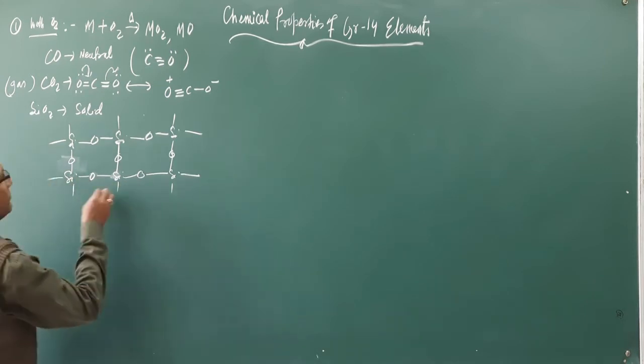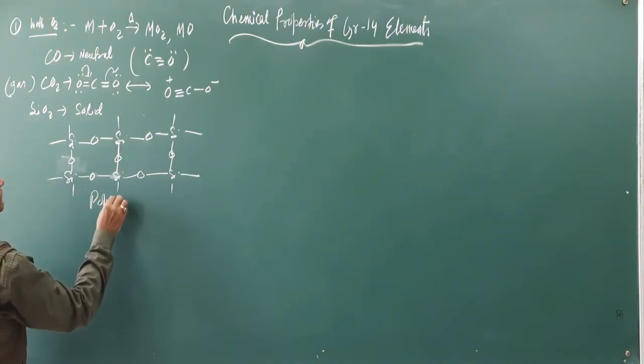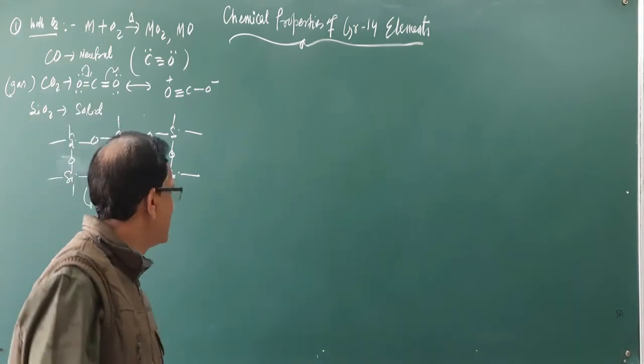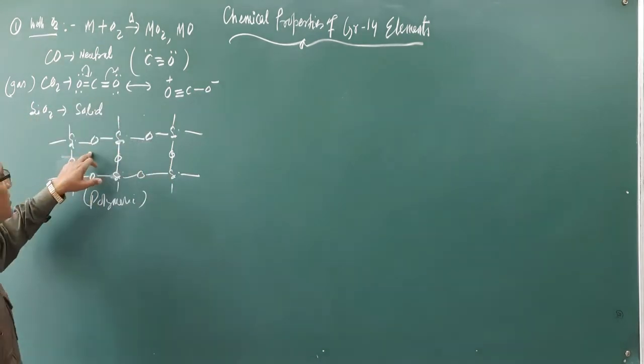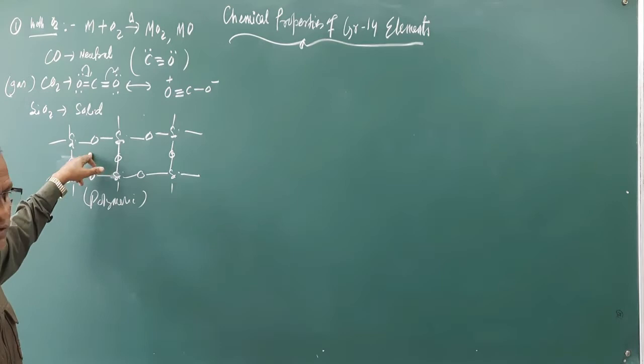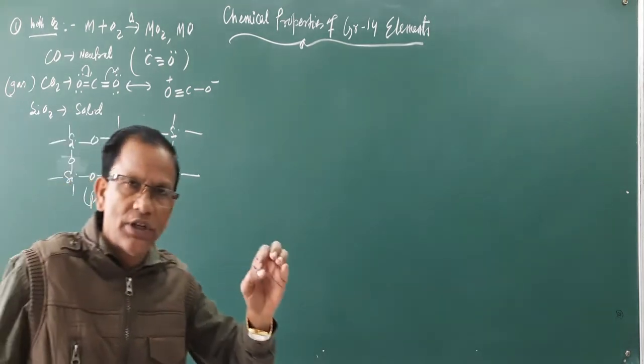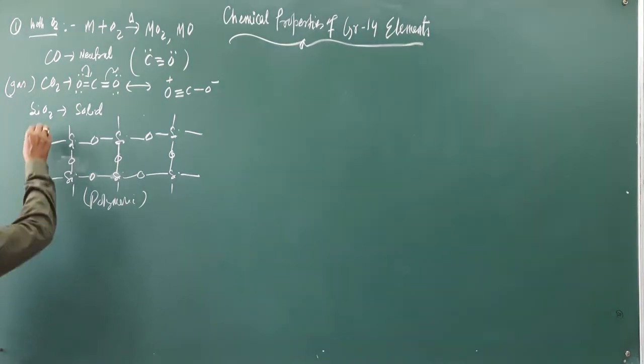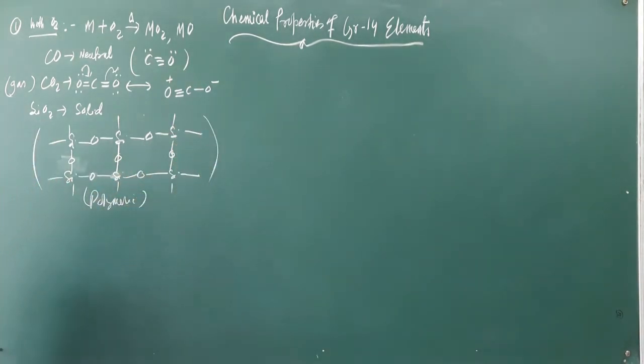It is in polymeric form. Silicon cannot form pi bonds due to its large size. The pi bond between silicon and oxygen is very weak. It does not exist. Rather it forms polymeric silicon dioxide and exists in solid state.